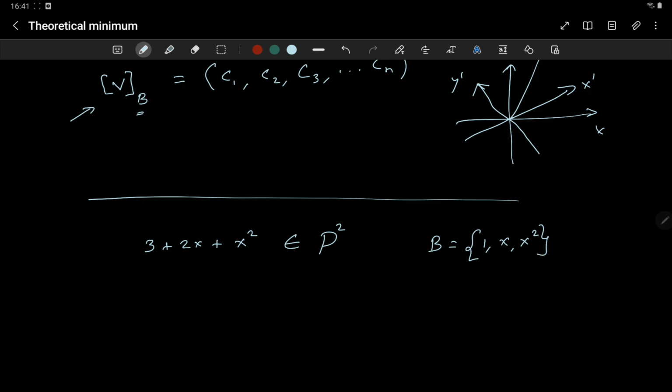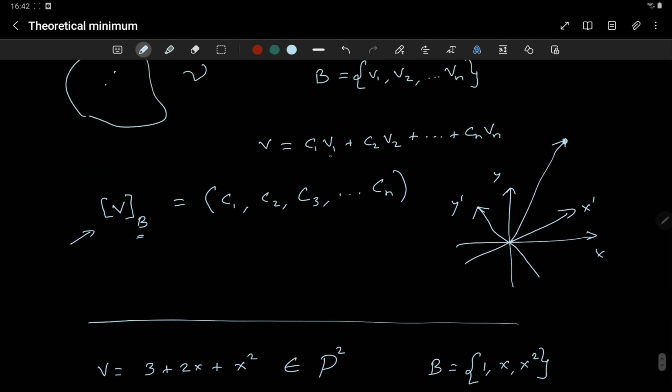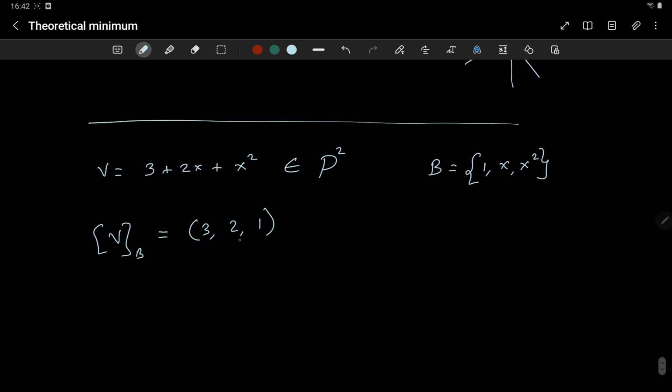Then I could write, let me call this V, then V in the basis B is equal to (3, 2, 1). Normally for a linear combination it's not necessary that it has to be in some order, but when we write it as a coordinate vector, it should be in some specific order, because (3, 2, 1) is different from (1, 2, 3).